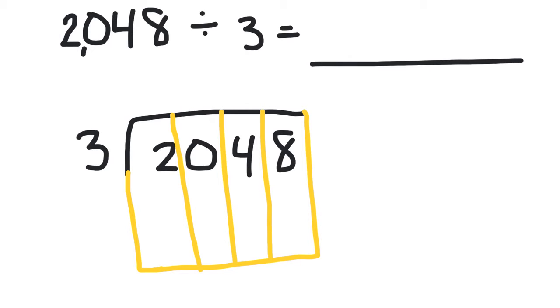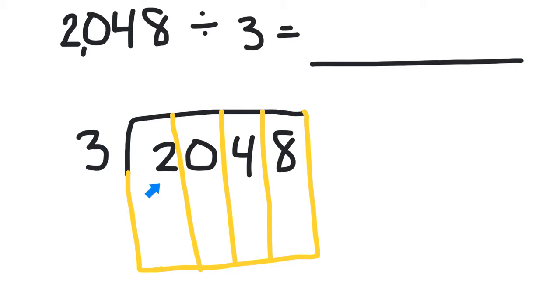All right, so for the box method, what we are going to do is look at each of the digits in our number, and ask ourselves, how many times does 3 fit into that digit? So if we look at the first one, how many times does 3 fit into 2?